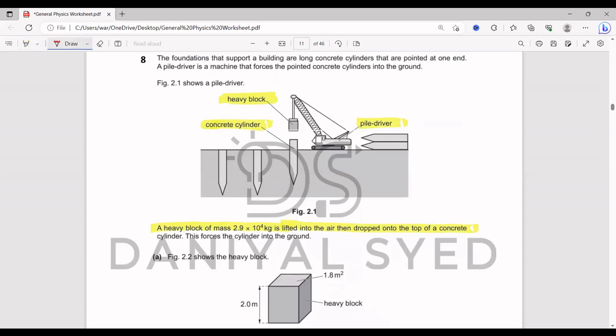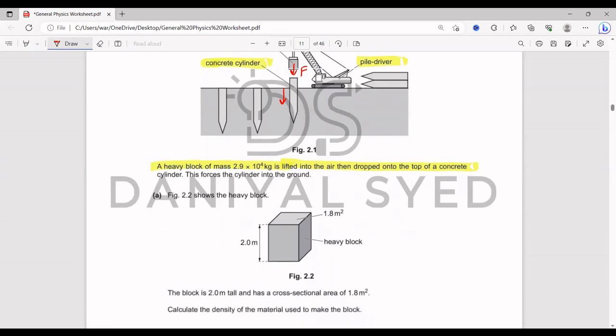So when the heavy block is dropped, this block applies force on the concrete cylinder, and this force causes pressure, which forces the cylinder into the ground. Now, figure 2.2 shows the heavy block.